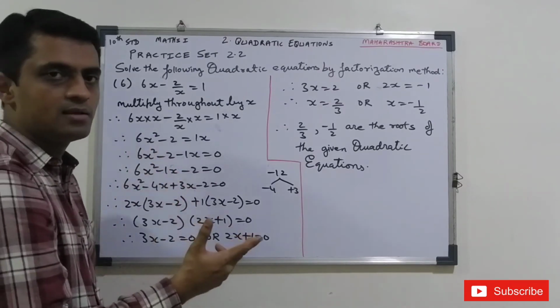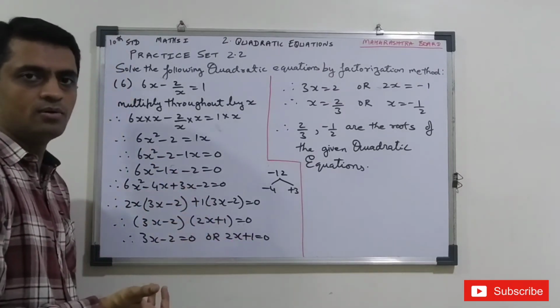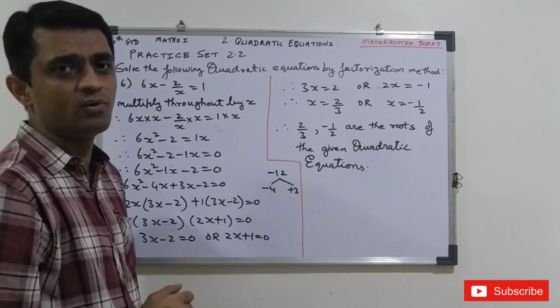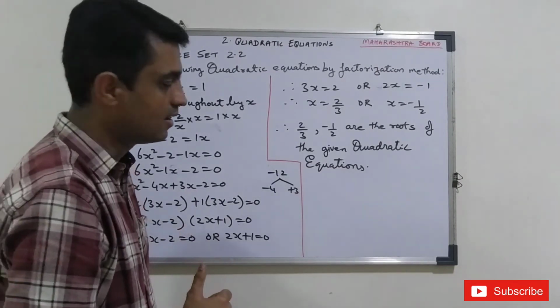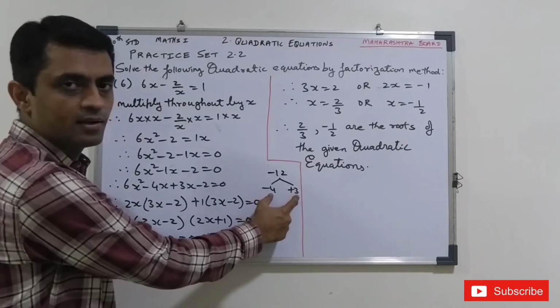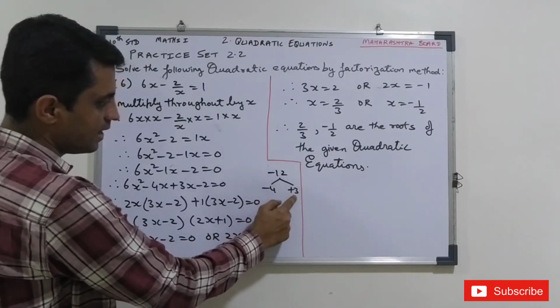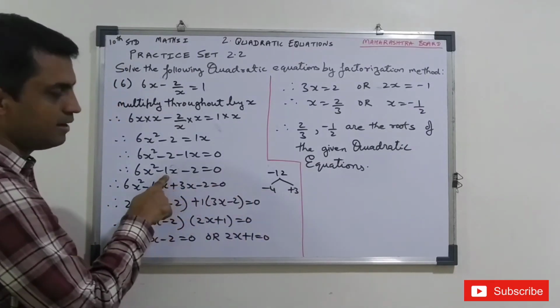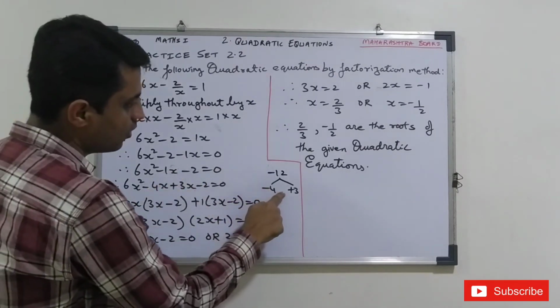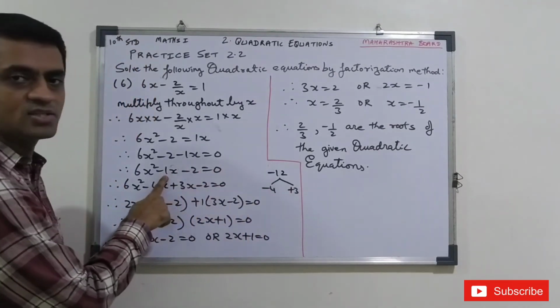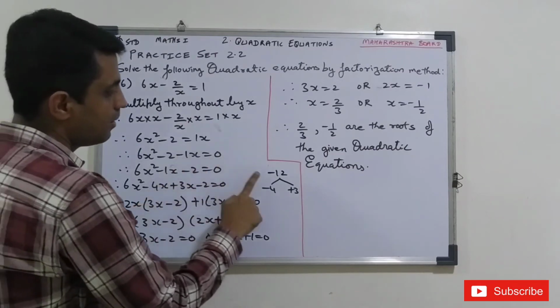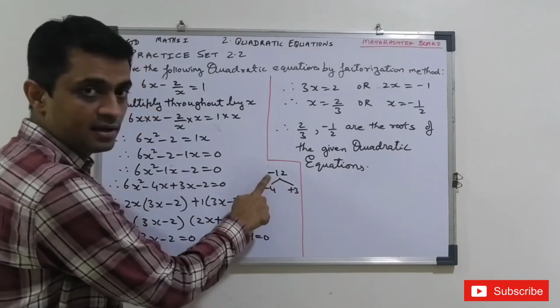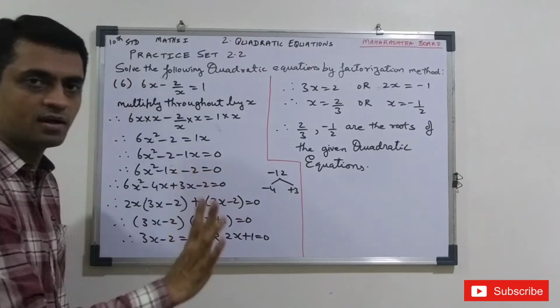Now 12, 6 twos are 12 also is there, but 6 minus 2 will be 4. So it will not satisfy. So we take 4 threes are 12, and we want minus 1 here. So minus 4 plus 3 will give you minus 1. Yes, and minus into plus is minus, 4 threes are 12. Both the conditions are satisfied.